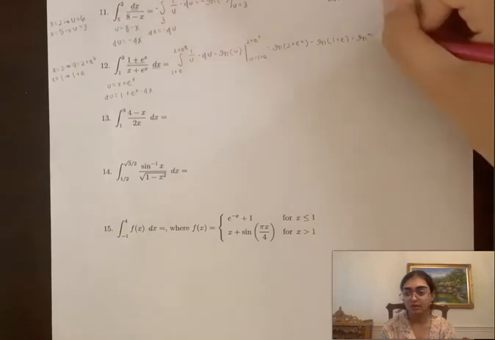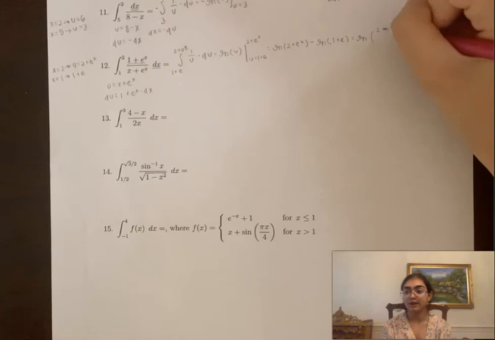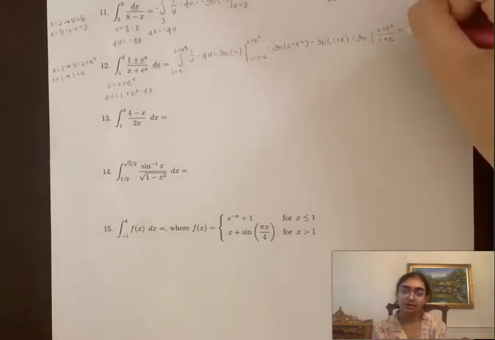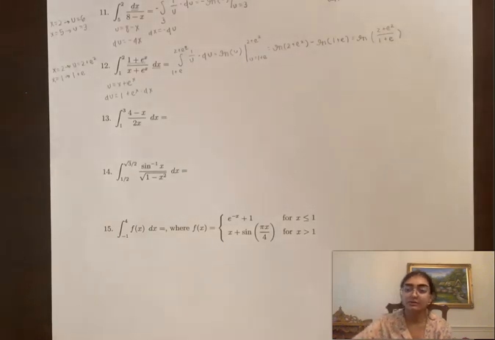And again, we can use that logarithmic property that lets us divide logs that we are subtracting, giving us ln of 2 plus e squared over 1 plus e.